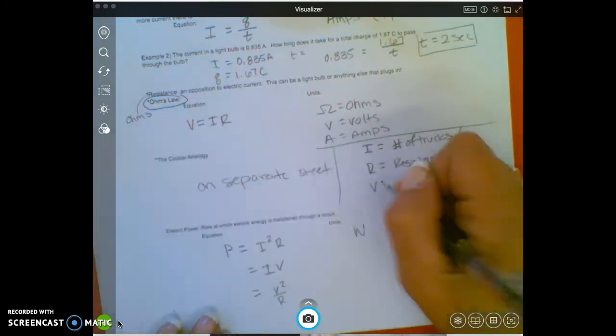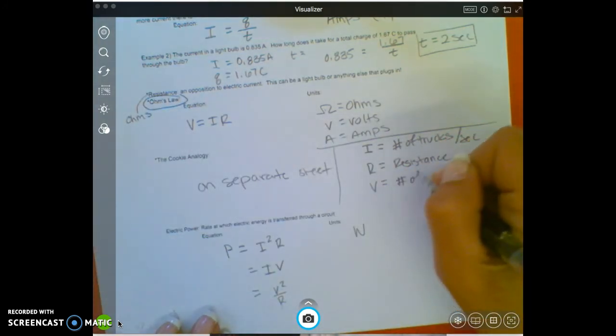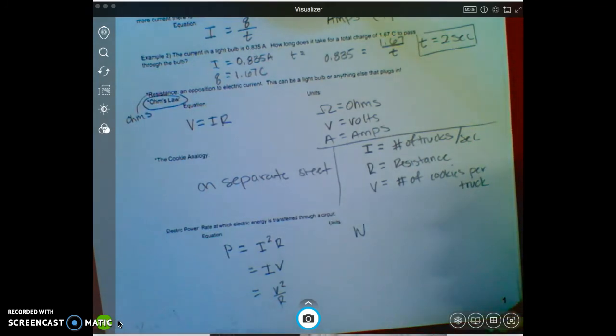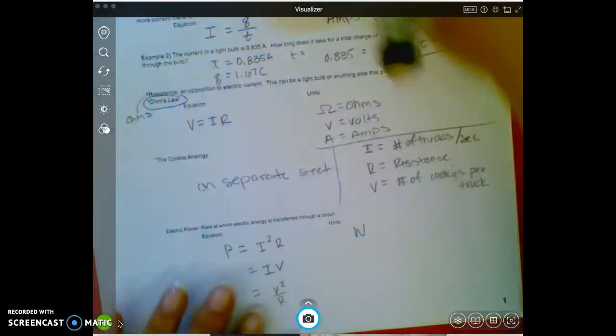And then the V is the number of cookies per truck. Okay, and we're going to be using this analogy throughout the rest of the unit, so hopefully it'll start to make sense. But we can go over a few examples and any questions that you have in the beginning of class on Friday. Okay, so that's the end of the notes.